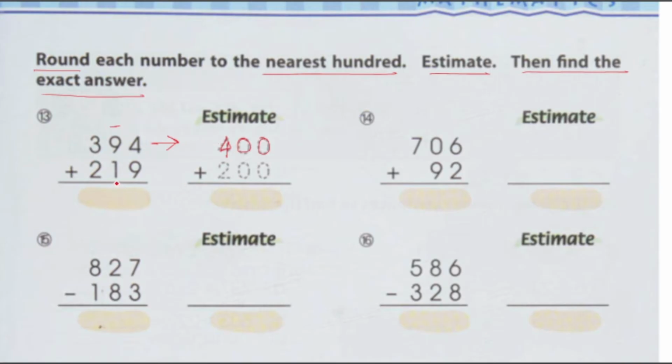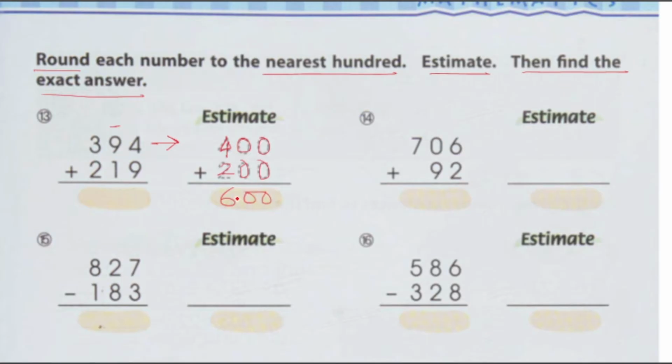And in this case, the number is less than 5. So these 1 and 9 will change to 0 and 2 will remain as it is. So this is called rounding the numbers to the nearest 100. So add these numbers, so you will get 600.